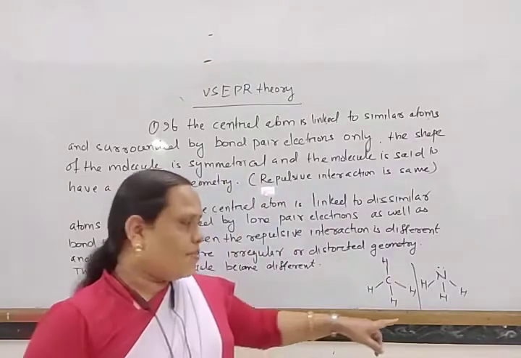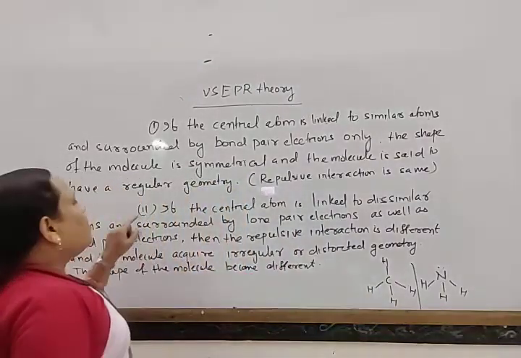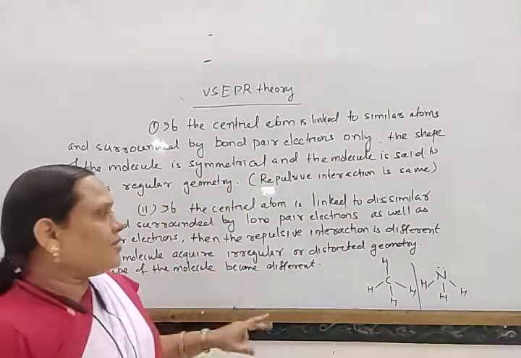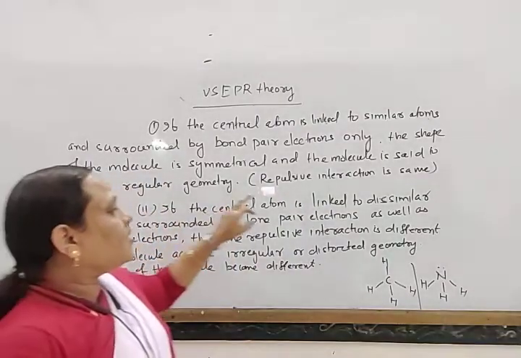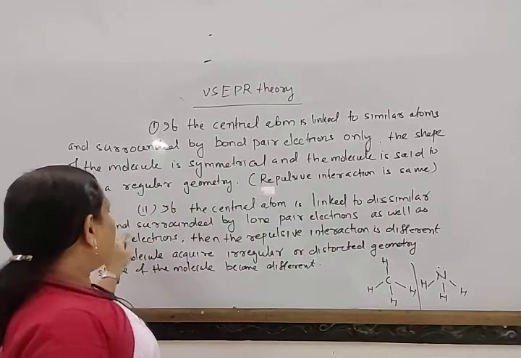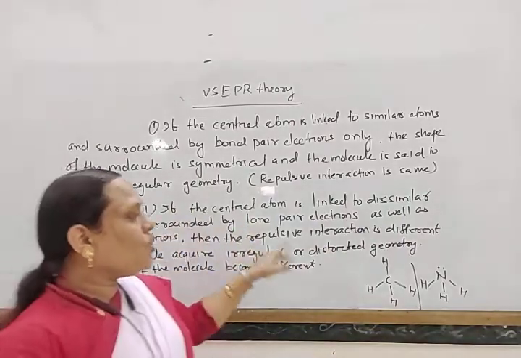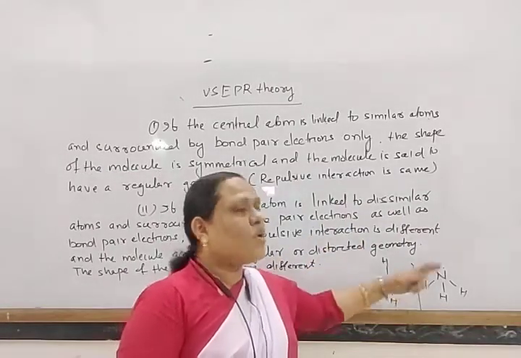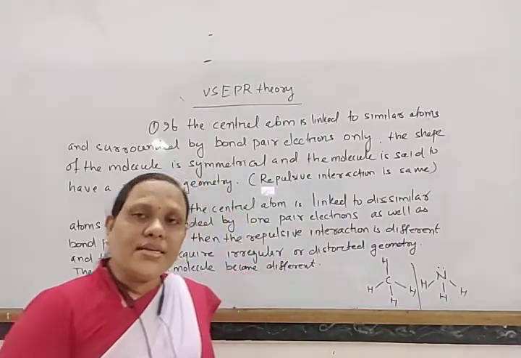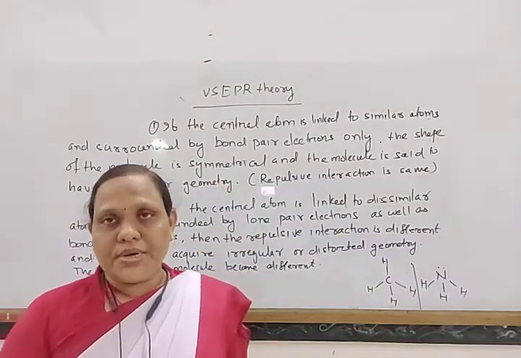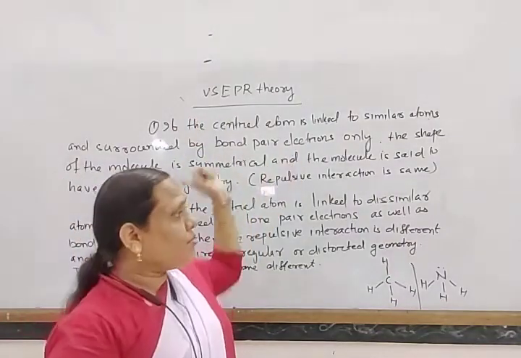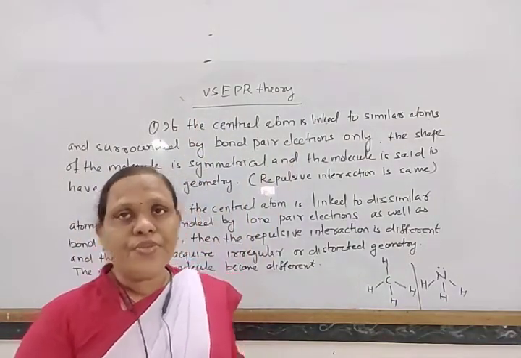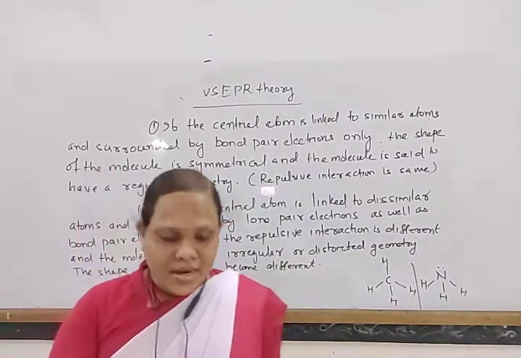And what is its shape? We will discuss. So its shape is different. When the center is surrounded by dissimilar atoms and by lone pair electrons as well as bond pair electrons, then it has an irregular geometry. So with these points, you have to add these 2 points also for this VSEPR theory.